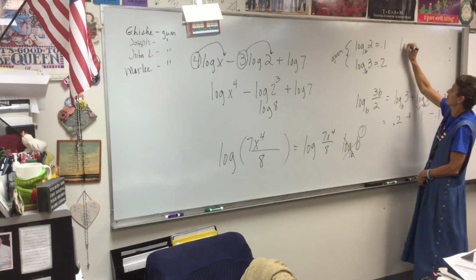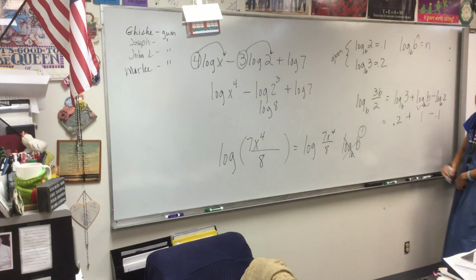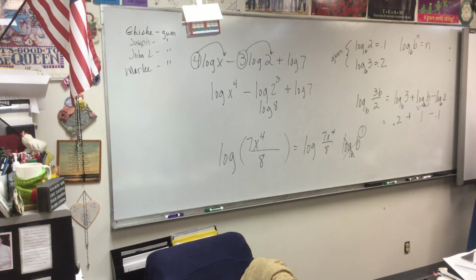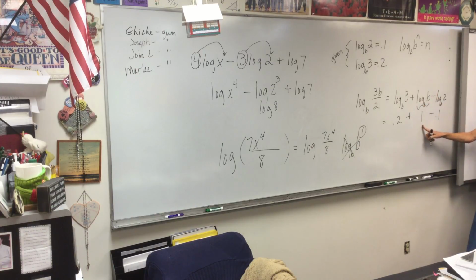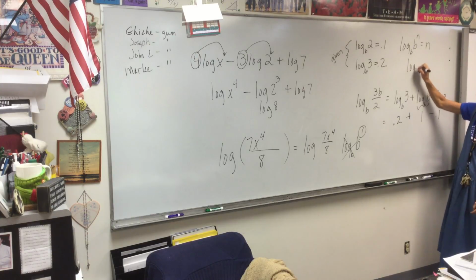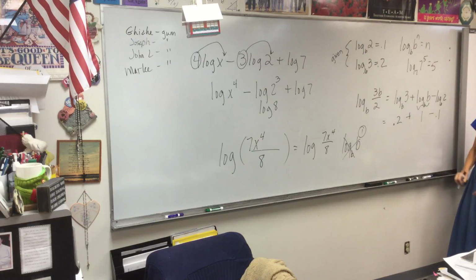Kids, you have a property that says the log base b of b to the nth is n. Always and forever. You're supposed to know that. Nobody's ever going to tell you that. You're supposed to know it. So if I have the log base b of b to the 1st, that will be 1. Just like if I had the log base 7 of 7 to the 5th, that would be 5.